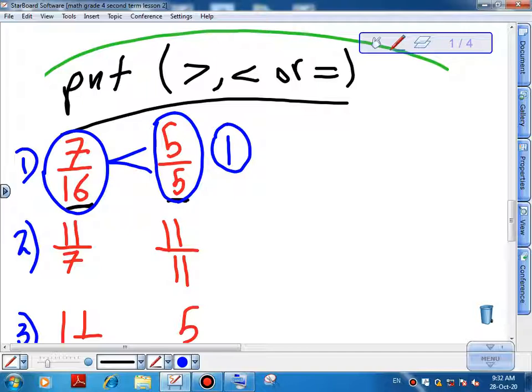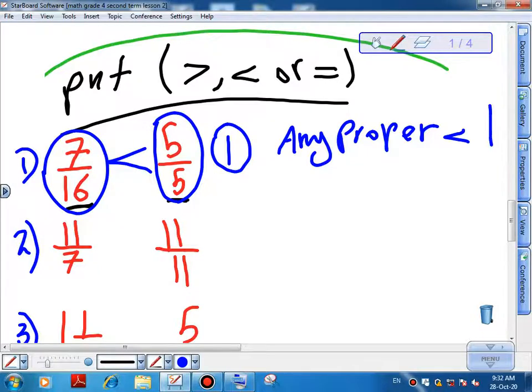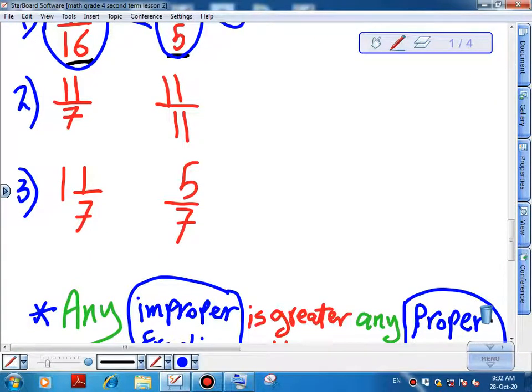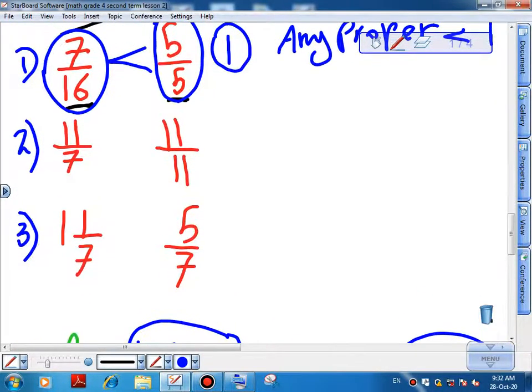So any proper fraction is smaller than 1. Okay, next one, 11 over 7 and 11 over 11. 11 over 7 is improper, so it must be greater than 1. And on the other side, 11 over 11 is equal to 1.